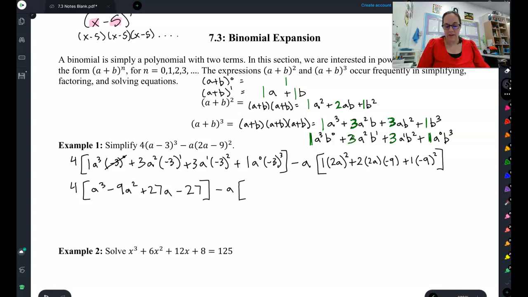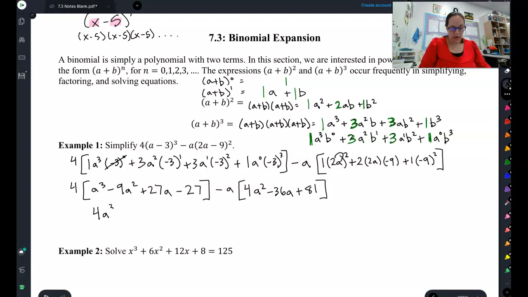Now let's simplify this one. Don't forget when this is squared, you square both of those things. So 2 squared is 4, a squared is a squared. And then here I have a 2 times 2, which is 4, times negative 9 is a negative 36. And then I have negative 9 squared is a positive 81. And I simplify one more time, so distribute this 4 in.